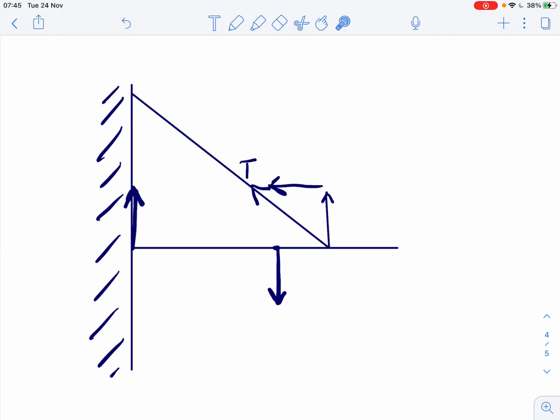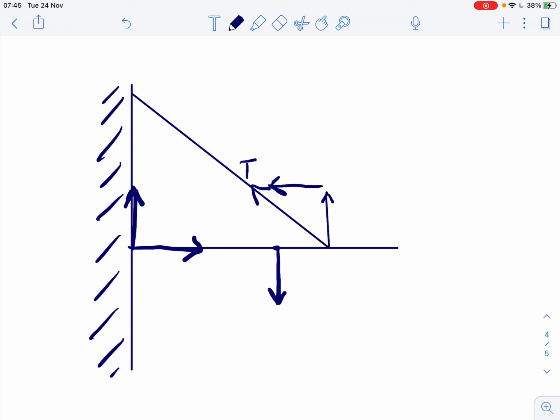But we'd also have, if I think about forces going horizontally, I've got this horizontal part of tension going on, but there's nothing to counteract it. So there's also a force from the wall exerting outwards. Okay, and this is our general setup.